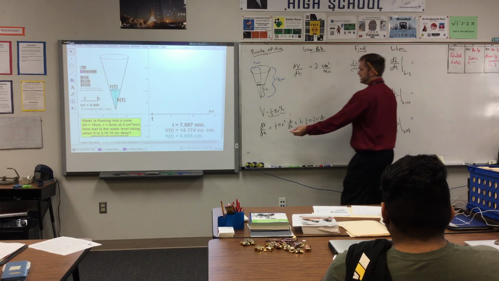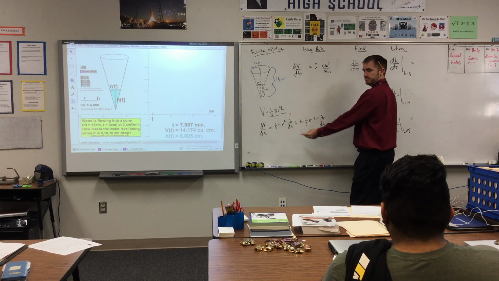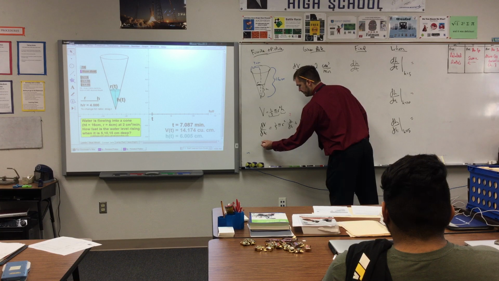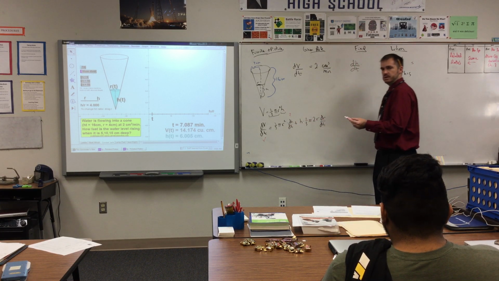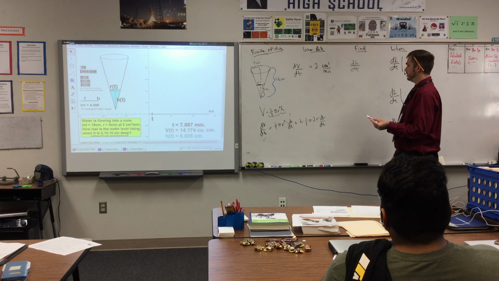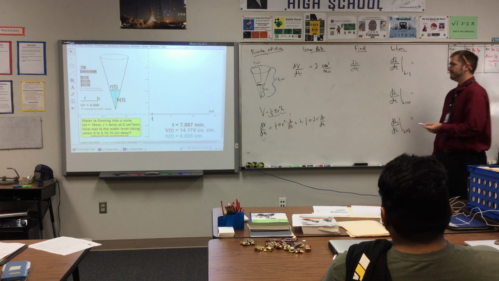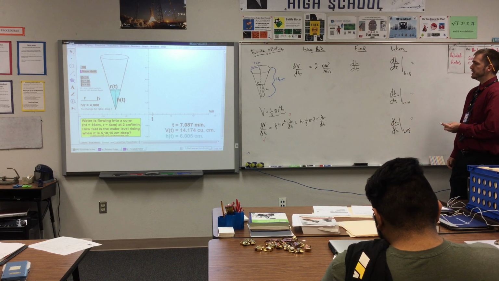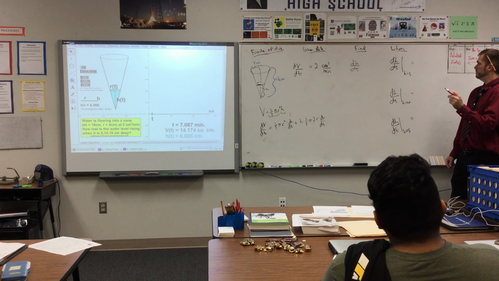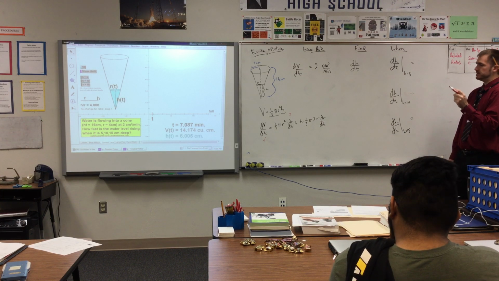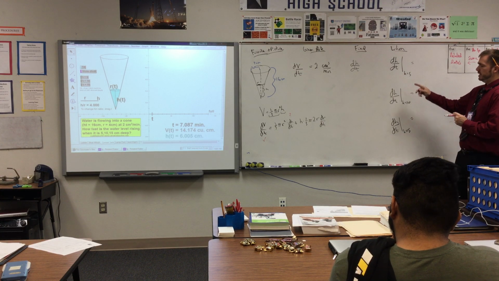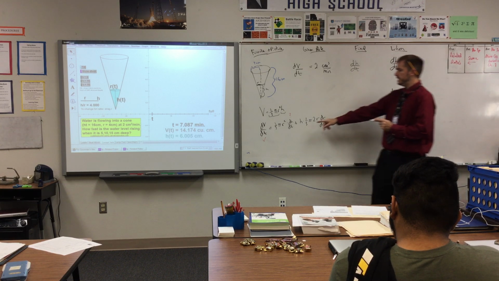But before I do that, let's make sure that I've got enough information. Do I know what dV over dt is? Yes. Do I know what r is? It's 4 centimeters? No, 4 is the maximum. It's not going to be 4 centimeters all the time. Let's just hold off on that. Do I know what the height is?